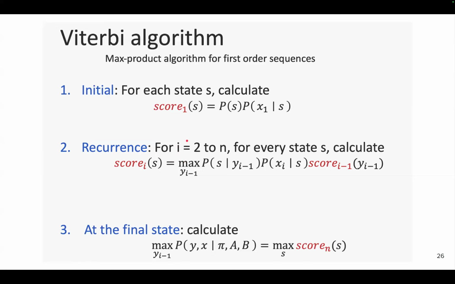So at every position in our sequence, we are going to calculate for every possible part of speech tag this value, which is the maximum over all possible previous part of speech tags that maximize this value. All right, and at the final stage, we are going to find a tag that maximizes this value, and then you can recursively find which value had maximized the previous one, and in this way you get your final sequence of tags.